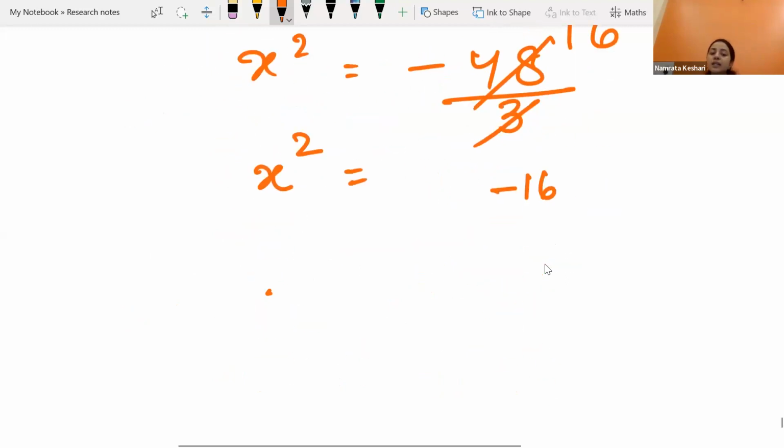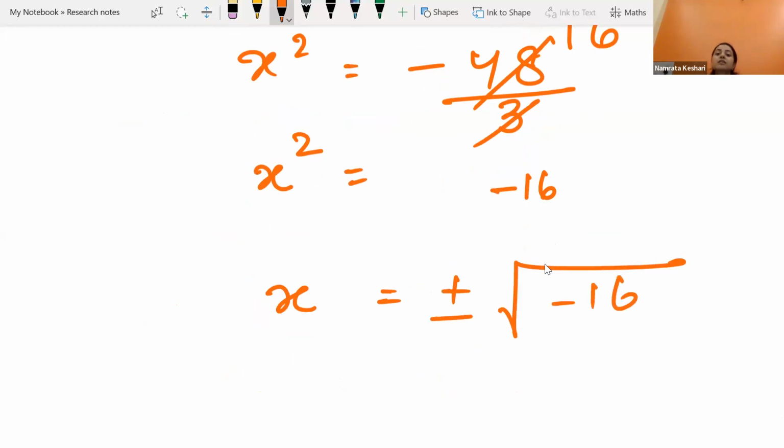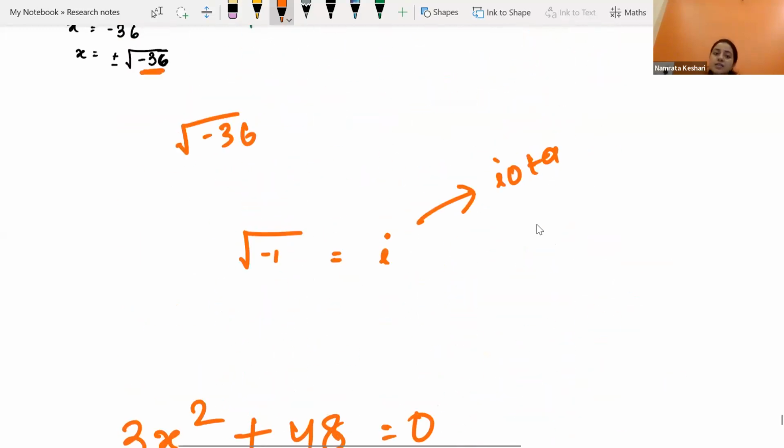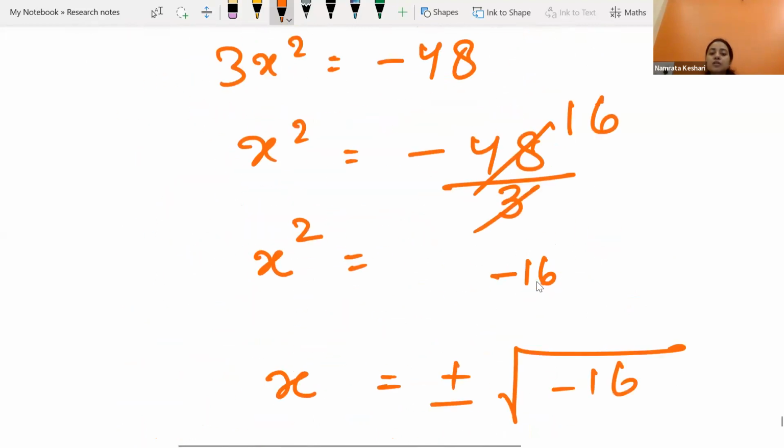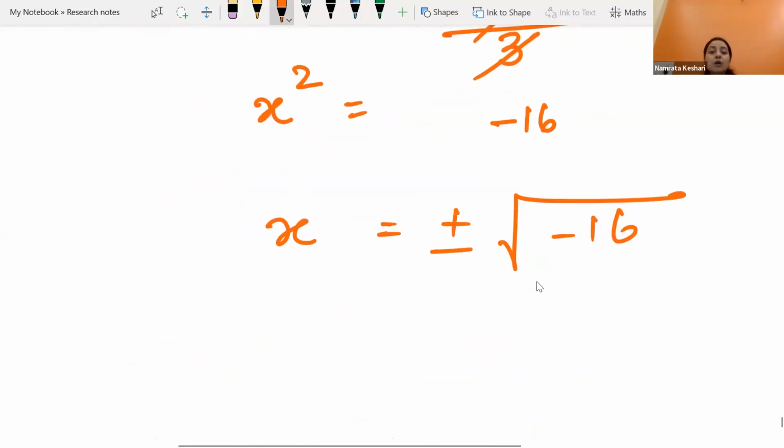You will get x is equal to plus minus under root minus 16. Now mathematicians said about this under root minus 1. What about under root minus 36? What about under root minus 16? How to deal with such a scenario?